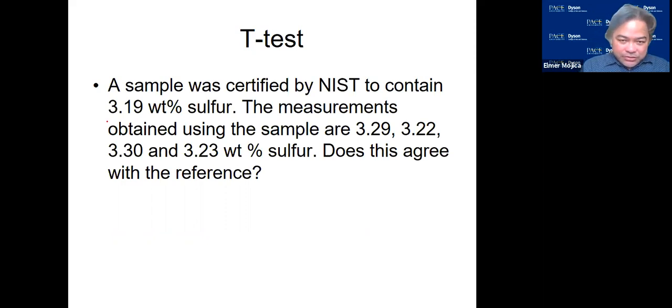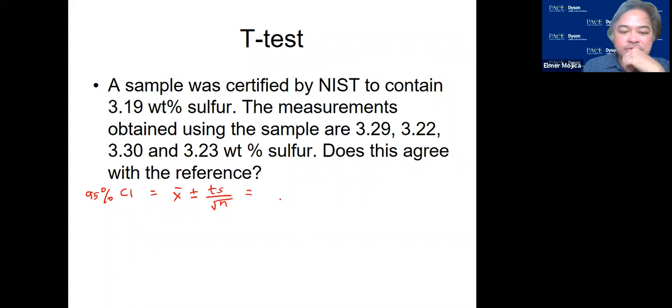Maybe we could start using the 95% confidence interval. If you remember from our previous example, this is the formula: x̄ plus or minus t times s over the square root of n.